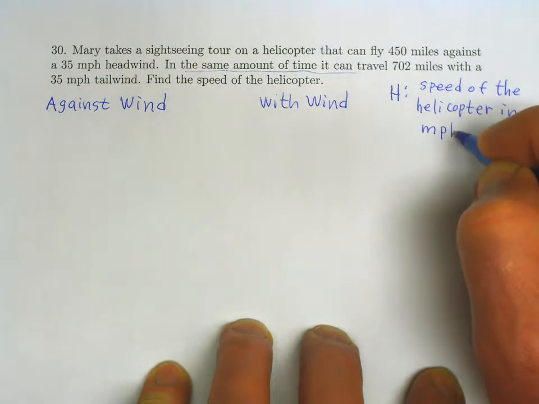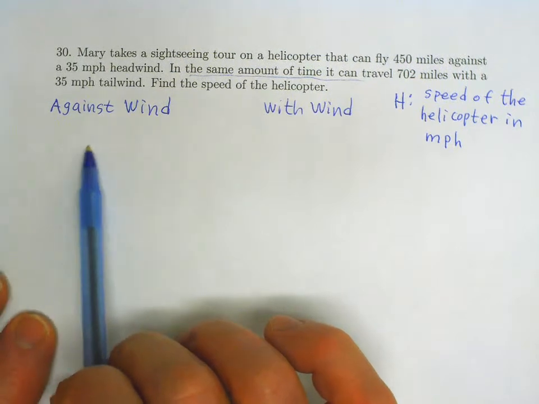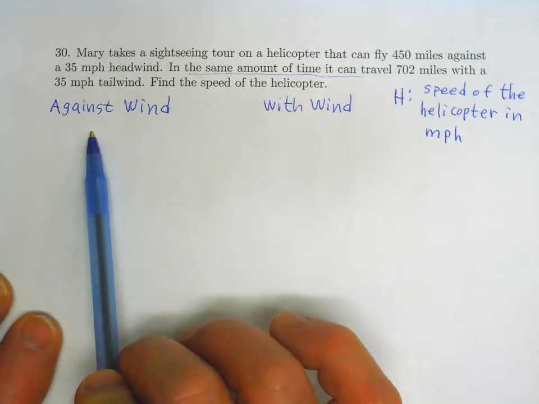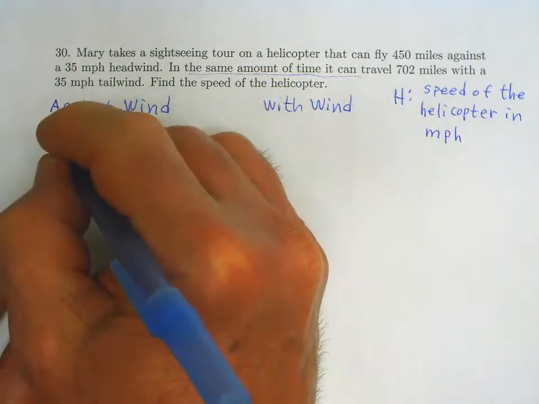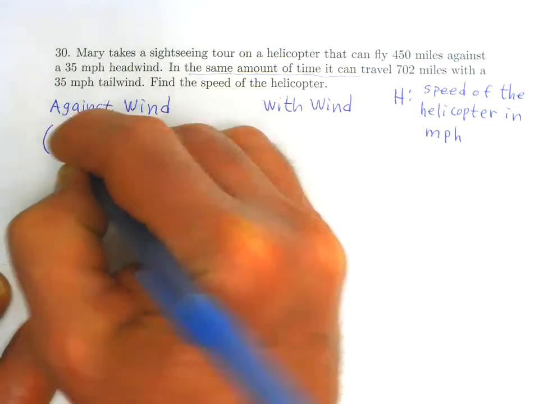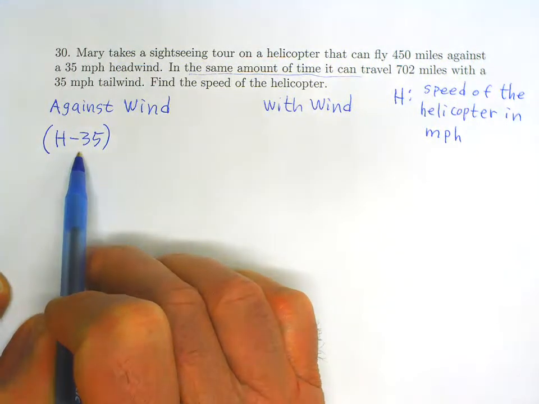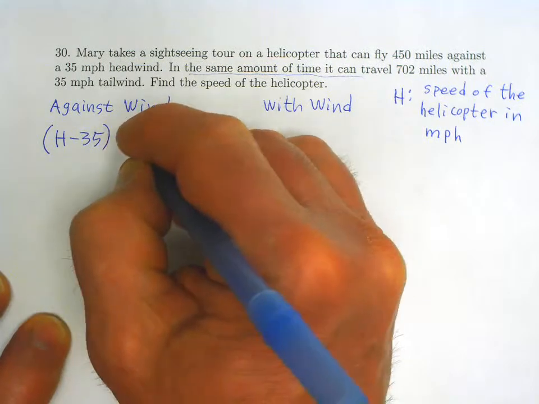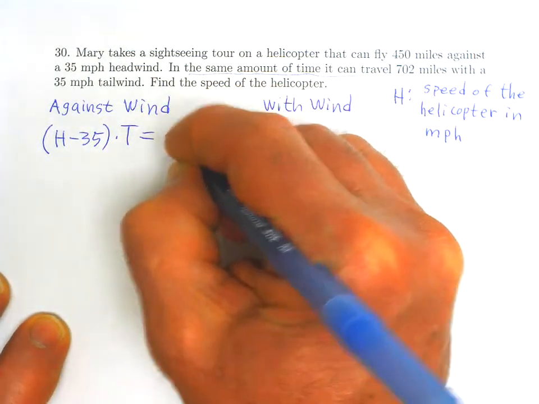Okay, so we have enough time to at least write the equations. So against the wind, the helicopter is traveling at h minus 35 miles per hour because it's flying into the headwind, multiplied by a certain amount of time, and the distance is 450 miles.